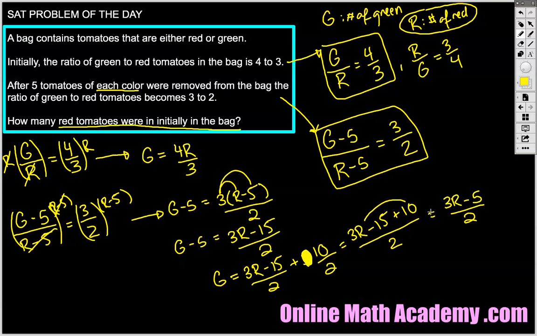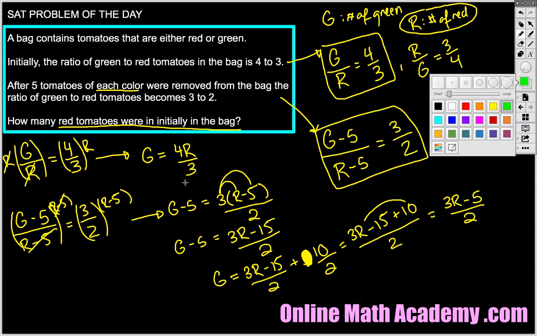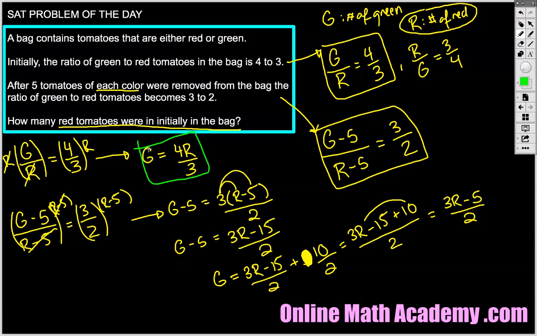Okay, so now we have these two that we're left with. And since g equals 4r over 3, and g also equals 3r minus 5 over 2, then isn't 4r over 3 equal to 3r minus 5 over 2, because they're both equal to g?